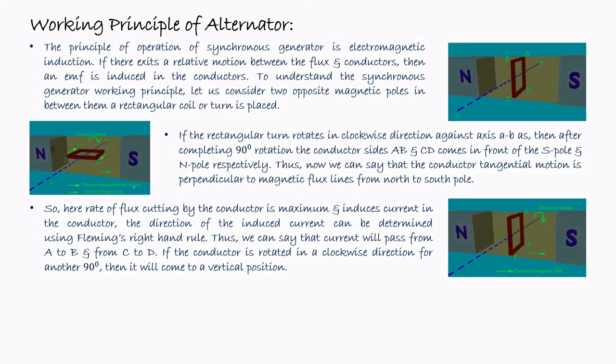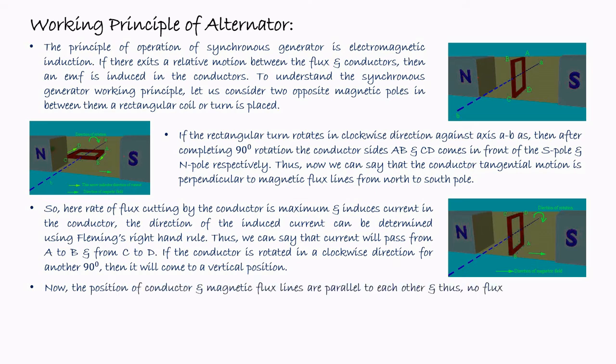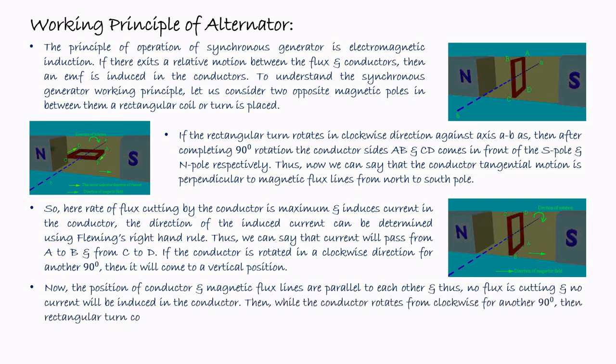Now let's say the coil is further rotated by 90 degrees. So now the CD part will be on the upper side and the AB side will be on the lower side. So the position of the conductor and the magnetic flux lines are parallel to each other and thus no flux will be cut, so no current will be induced in the conductor.